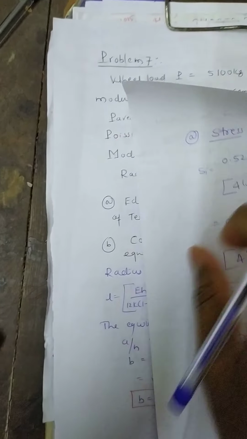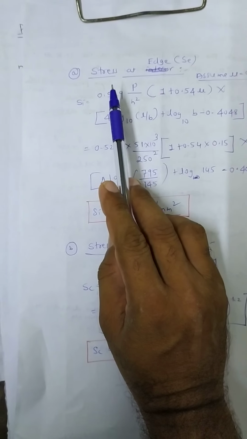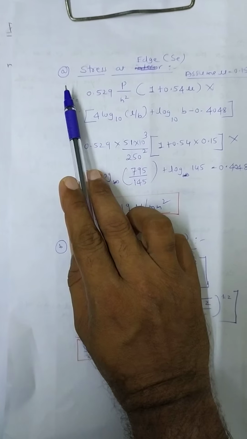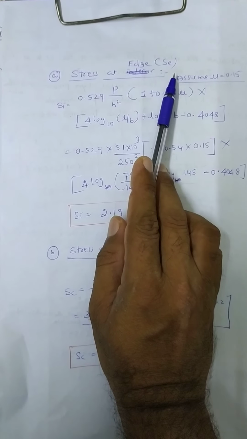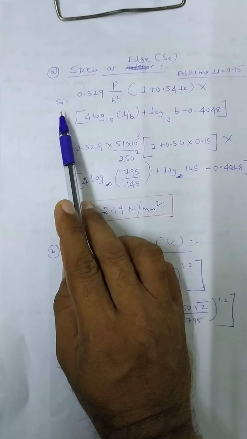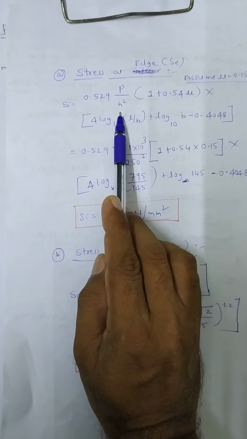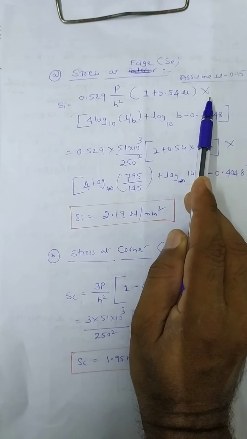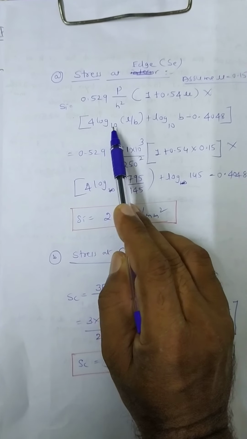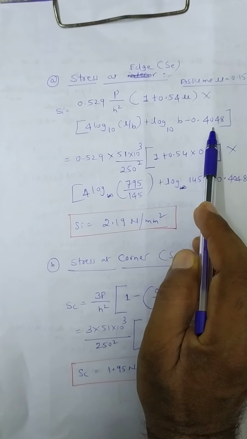Now we have to find out the IRC stresses, that is the modified Westergaard's equation. One is the stress at the edge, that is S_e, and the equation is S_e equals 0.529 P divided by h square into (1 plus 0.54 mu) multiplied by (4 log L by b plus log b minus 0.4048).